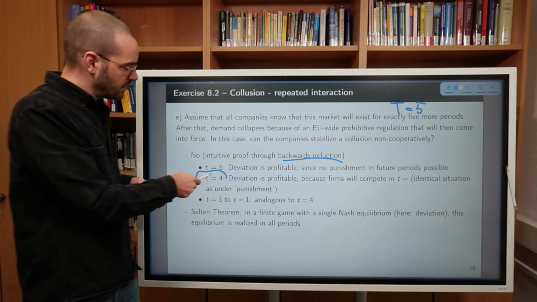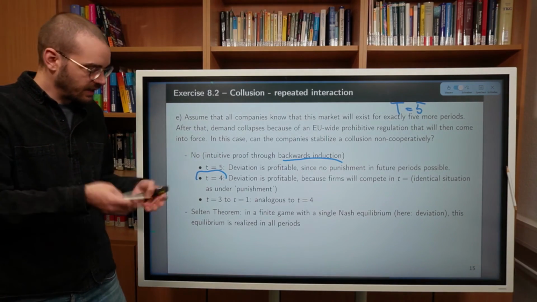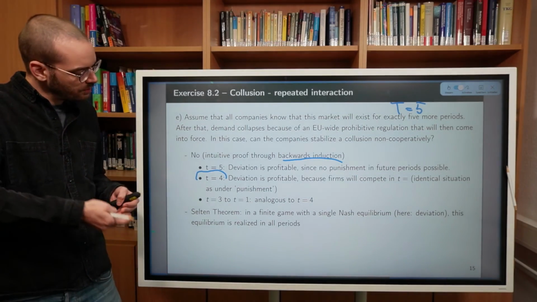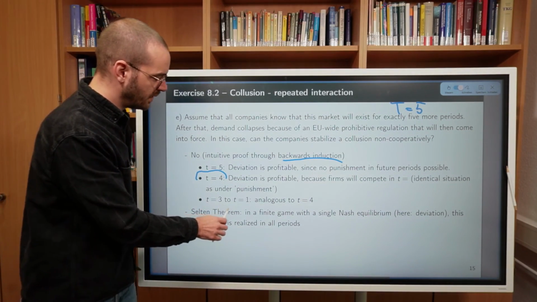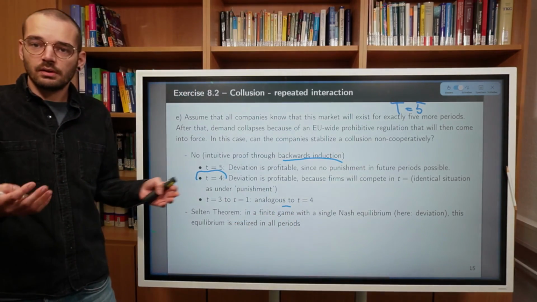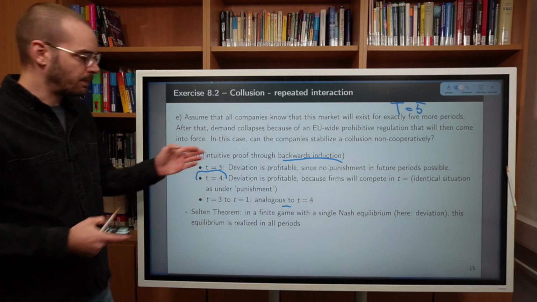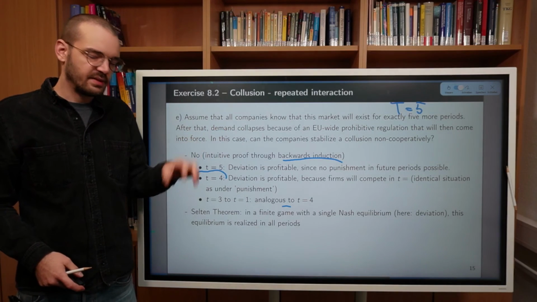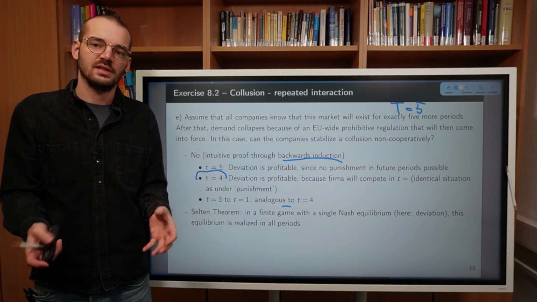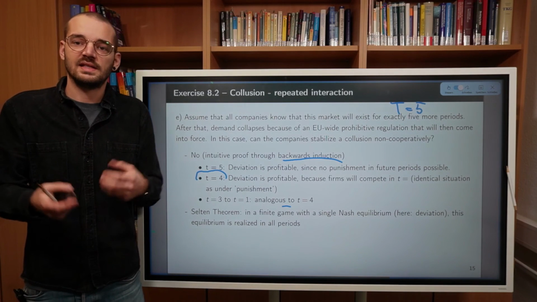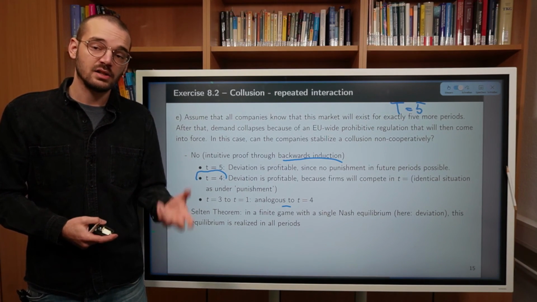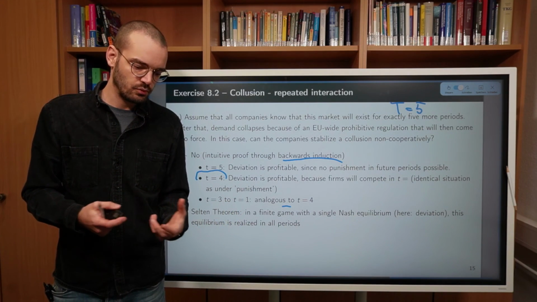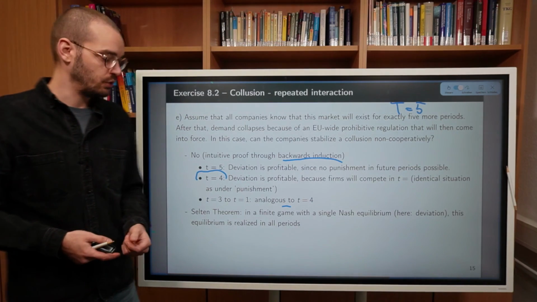All right, so this result simply continues to move up this ladder in this finite game. So because in period 5 deviation is profitable, well, that implies that in period 4, or T minus 1, deviation is profitable, and we can assume this all the way going back to period 1 or to period 0, so up until today, which implies that as long as these firms know that there is some final stage, some final period where the market ceases to exist afterwards, there is no way to implement and to stabilize collusion.